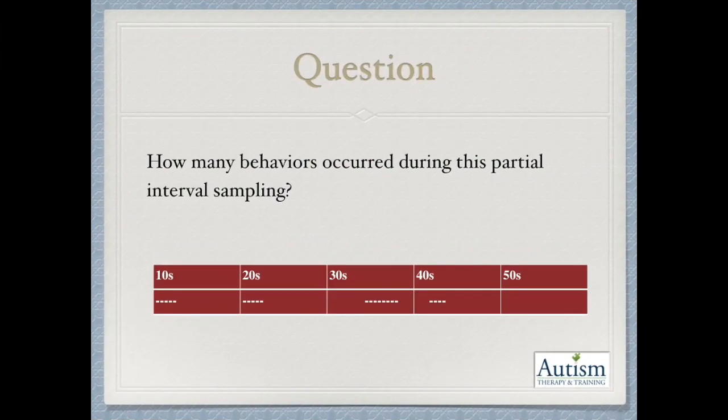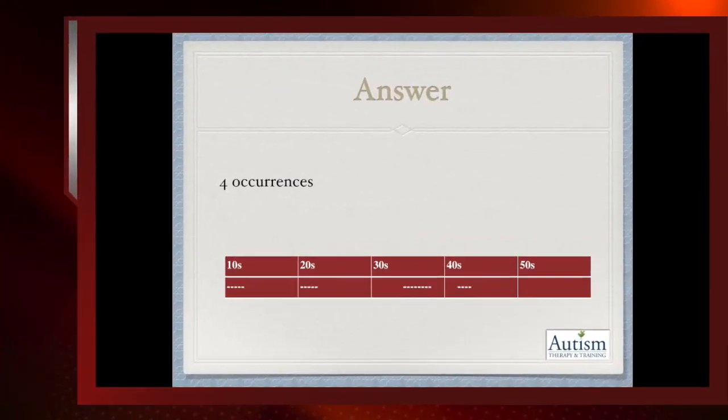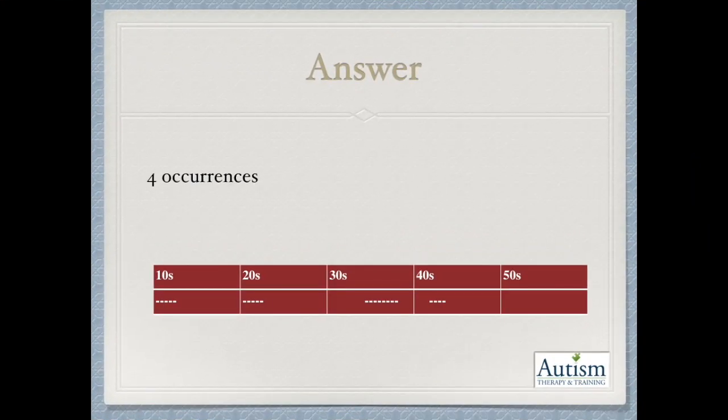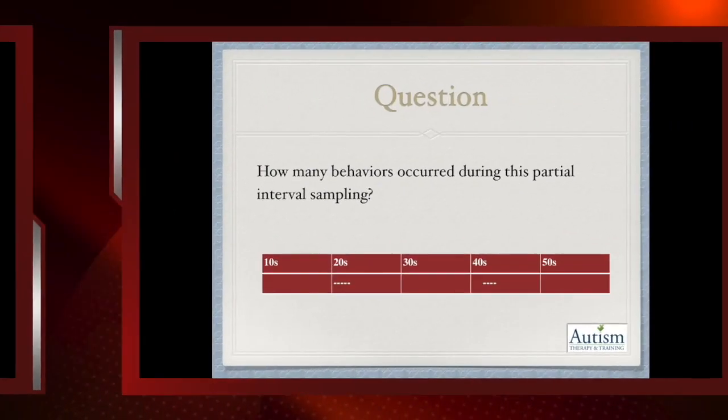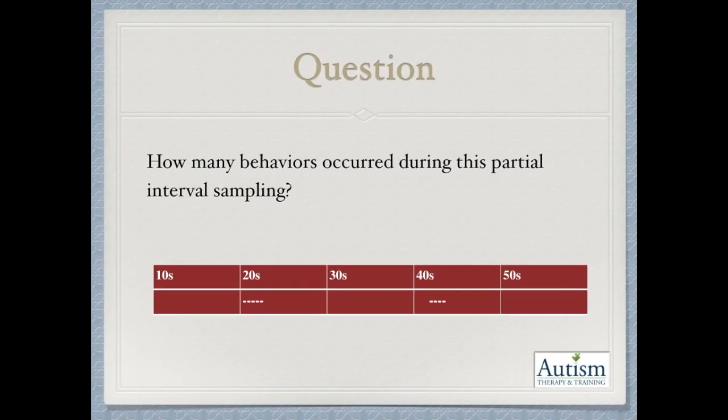How many behaviors occurred during this partial interval sampling? And the correct response is 4. How many behaviors occurred during this partial interval sampling?